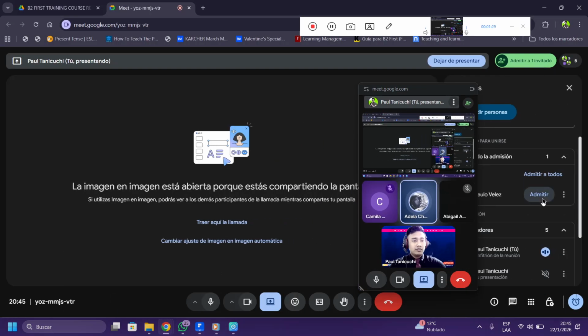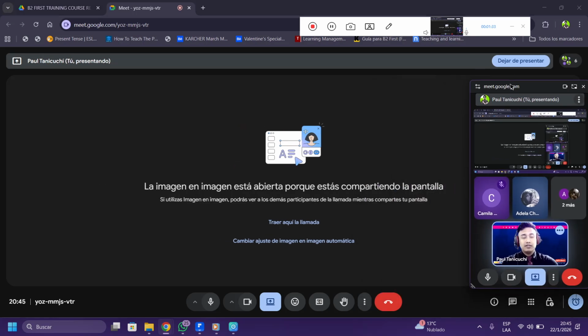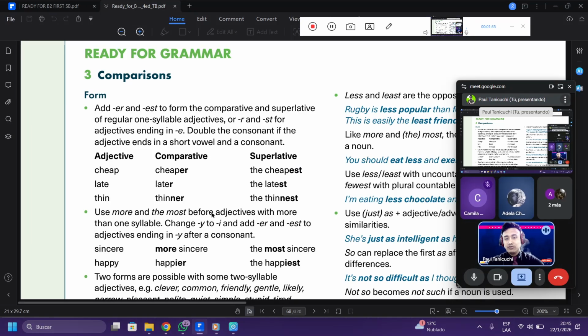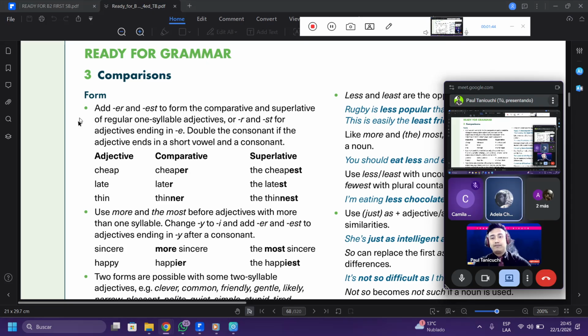I can't see it, but you've got on your student book the same on page number 208. Yes, you've got the same explanation there. Okay.